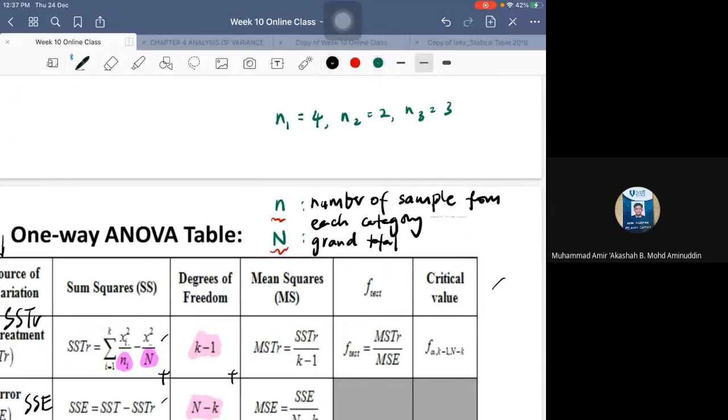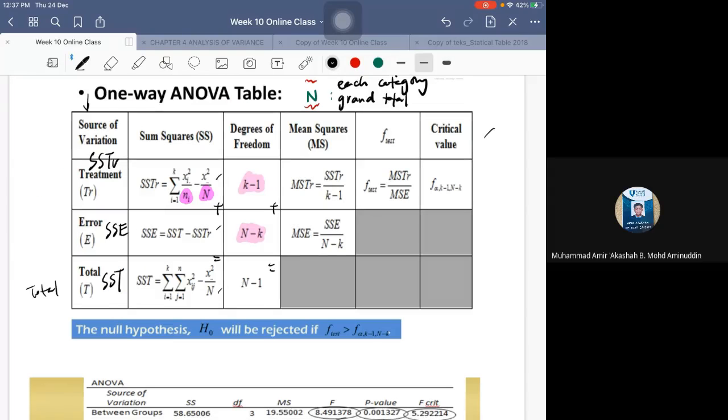When I want to calculate the grand total, I add them all up, so I have 4 plus 2 plus 3, and my grand total is going to equal 9. That is the difference between the small n and the capital N.